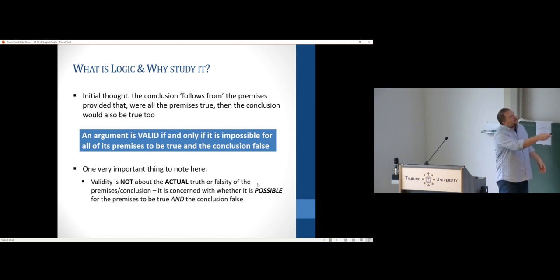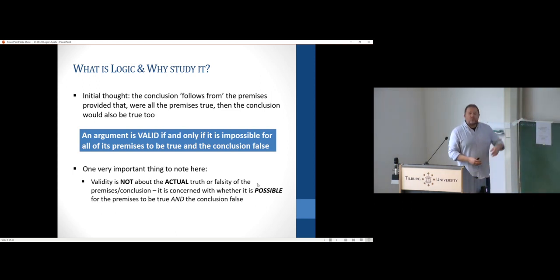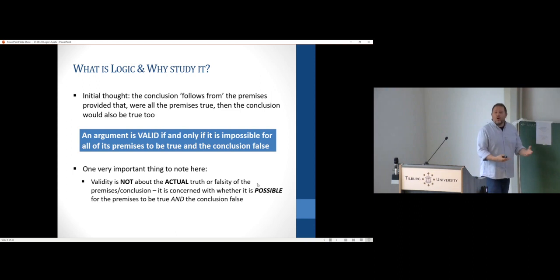Note, this is just another way to capture the intuitive idea here. So an argument is valid if and only if it's impossible for the premises to be true and the conclusion false. Validity becomes the hallmark of being good in terms of form.